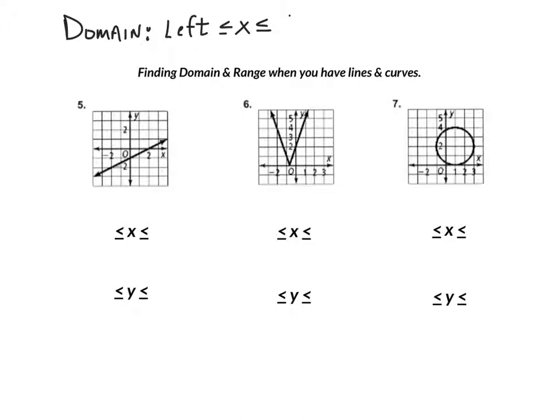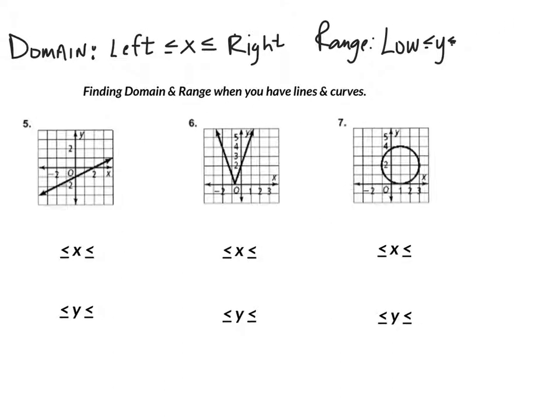So I go between those two numbers, and then I want to know how far right it goes. And the range is how low it is, or the bottom, to how high it goes.